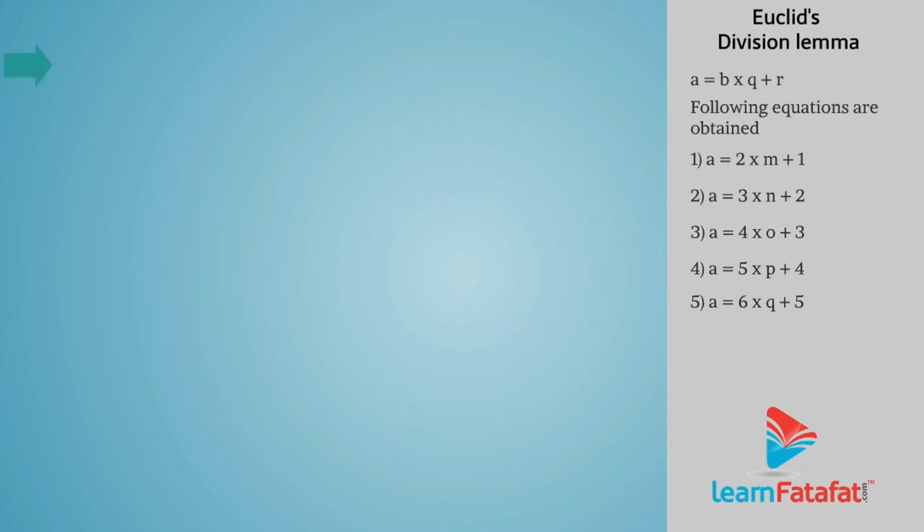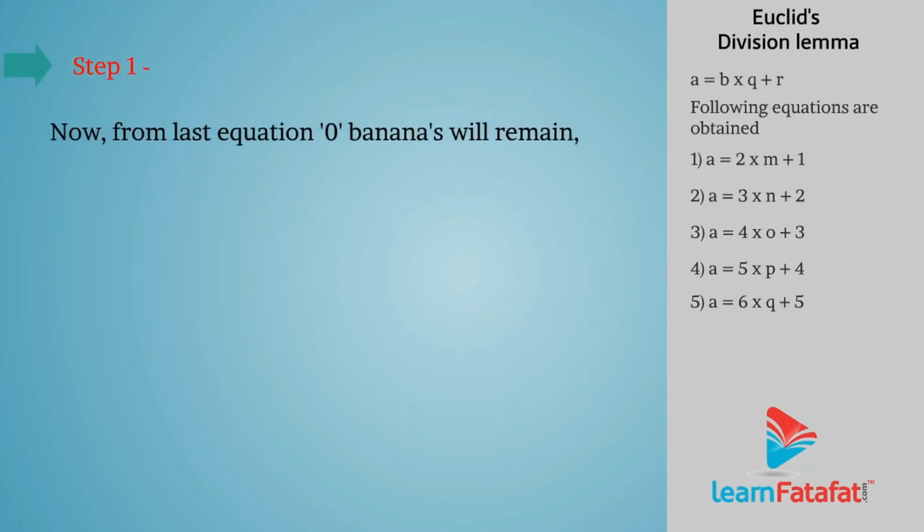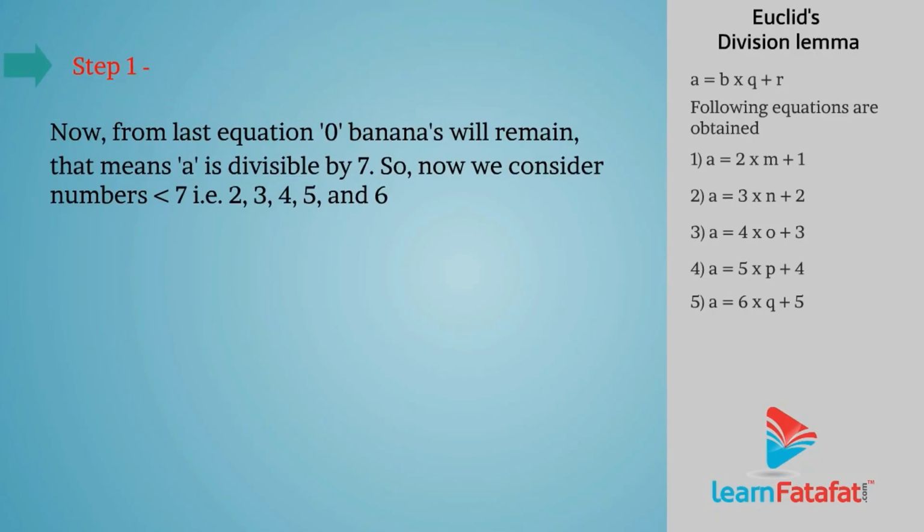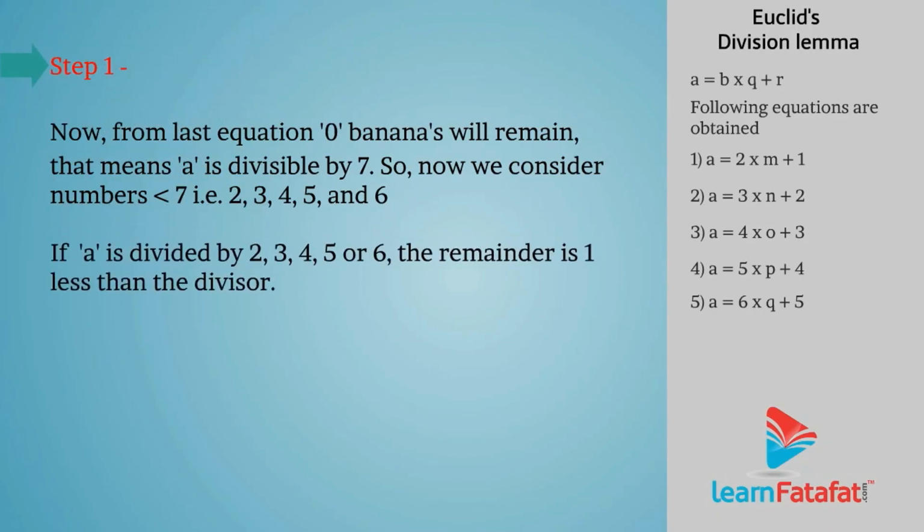Step 1. Now, from the last equation, 0 bananas will remain. That means A is divisible by 7. So now, we consider numbers less than 7, that is 2, 3, 4, 5 and 6. If A is divided by 2, 3, 4, 5 or 6, the remainder is 1 less than the divisor.